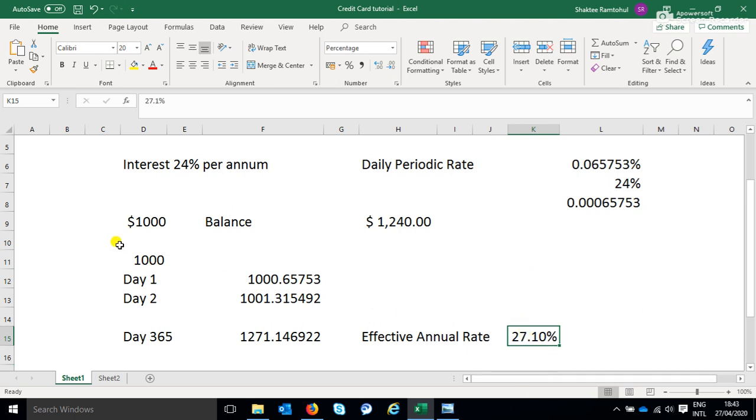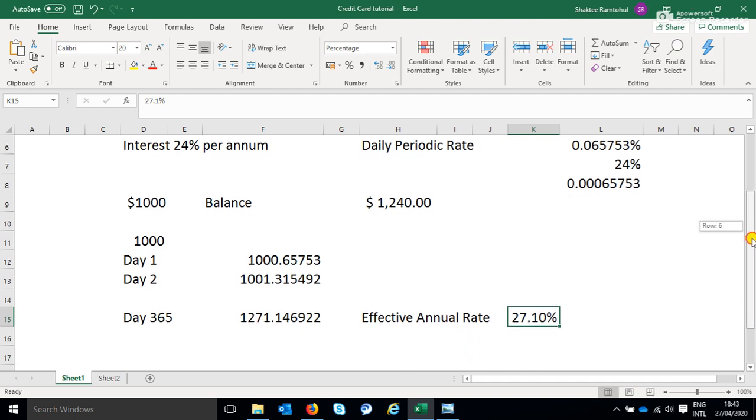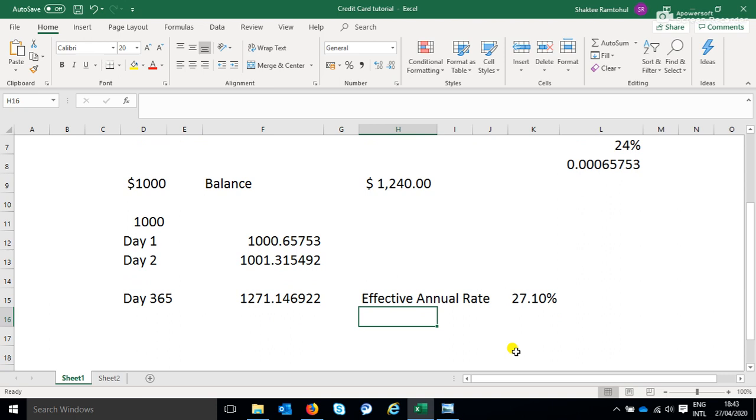Yes, because you went from $1,000 to $1,271. So effectively what you're paying is 1,000 after 1 year multiplied by 1.271. And this is how you get to this balance here.